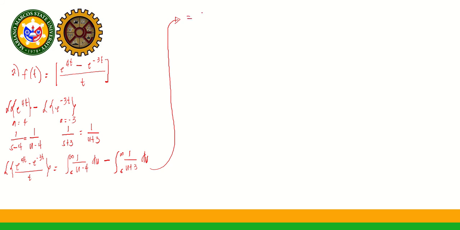This is equal to ln of u minus 4 minus ln of u plus 3 limits from s to infinity. And then we rewrite this will be equal to ln of u minus 4 over u plus 3 limits from s to infinity. And if we directly substitute yung mga limits natin, which is infinity, this will be equal to ln of infinity over infinity. Infinity over infinity is undefined or indeterminate.